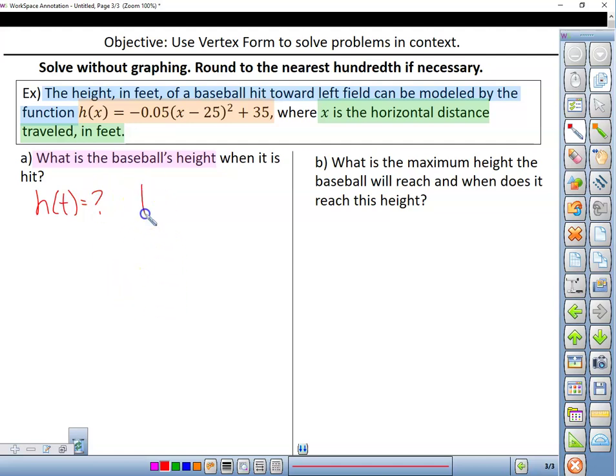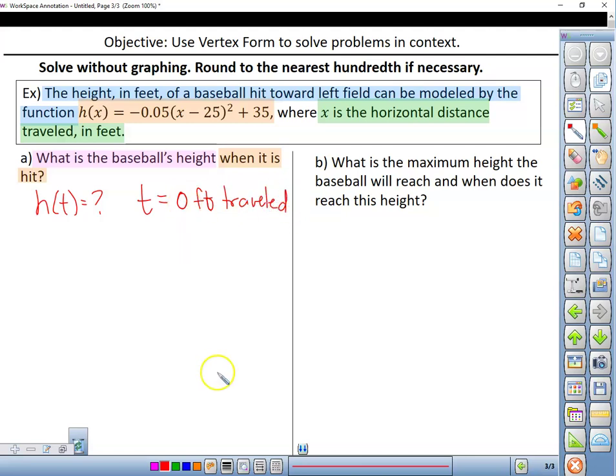Then we have to have a number for t before we can do that. So that means we have to interpret in context the time when it is hit. So we have to realize the quantity when the baseball is hit would be understood to be, in terms of how x is defined, horizontal distance traveled, 0 feet traveled, because it hasn't moved anywhere yet.